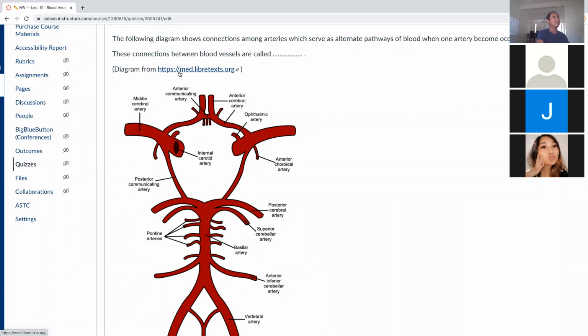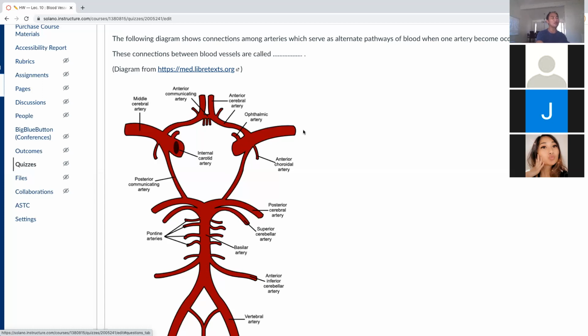Here is the link as well, describing the circle of Willis. It is a circle made from all three major vessels. This is the vertebral artery, which runs inside the cervical vertebrae. These two vertebral arteries, from right and left, combine and become the basilar artery.